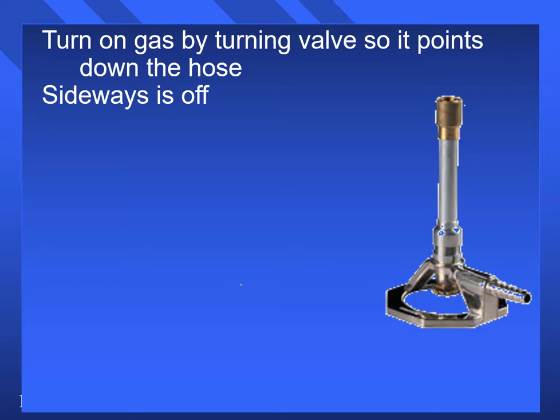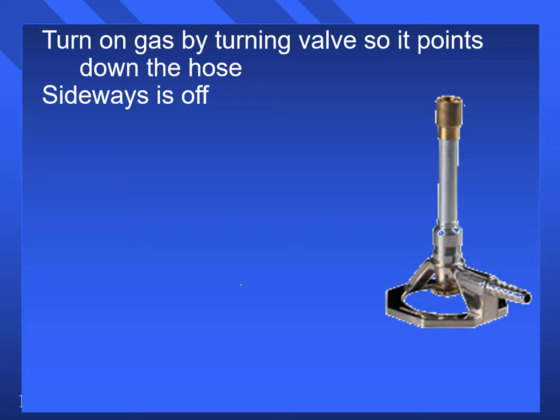Why do we need to adjust the air? Because that flame is yellow. There's two problems with the flame that's yellow. Problem number one, it's not very hot. Problem number two, can everybody see a problem with this? There's a problem with this, right?